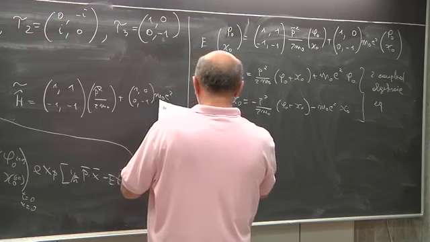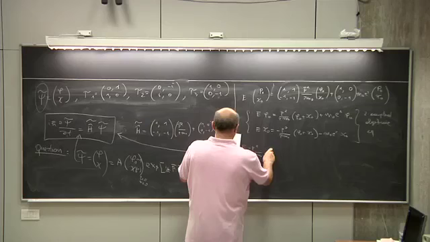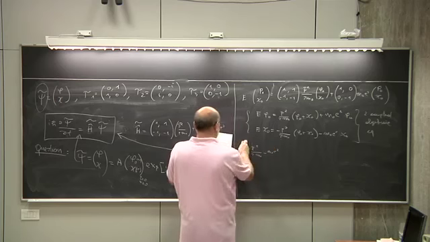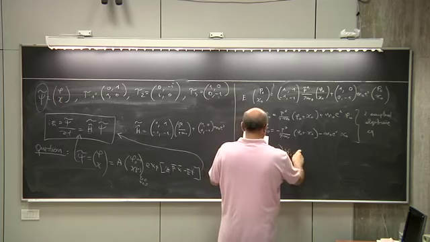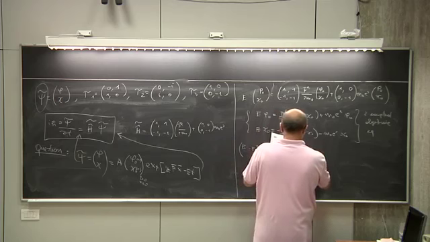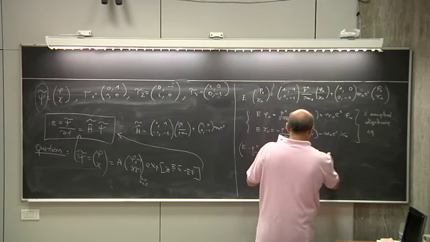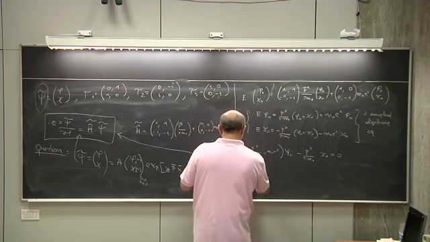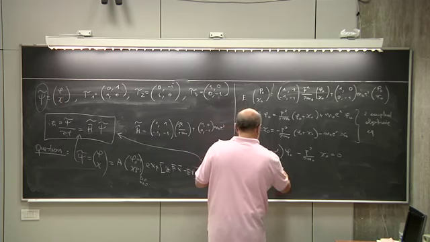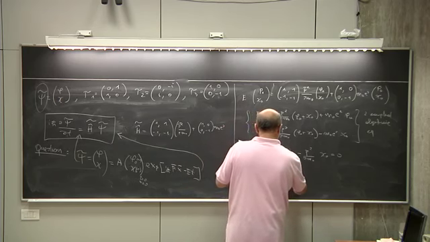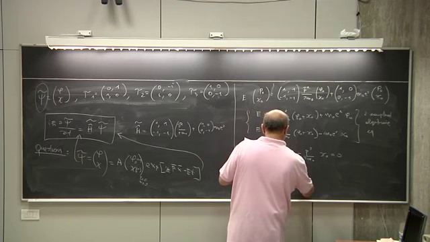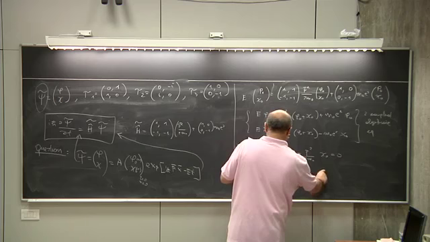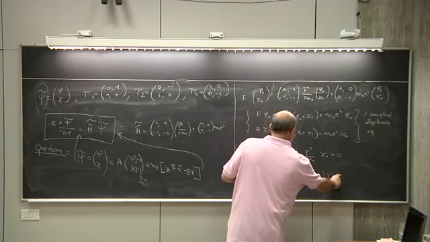E minus p square over 2m0 minus m0 c square phi 0 minus p square over 2m0 chi 0 equals 0. And p square over 2m0 phi 0 plus E plus p square over 2m0 plus m0 c square chi 0 equals 0.